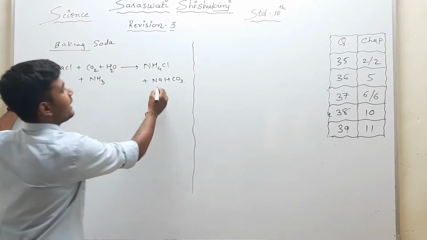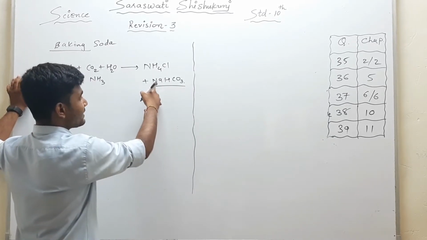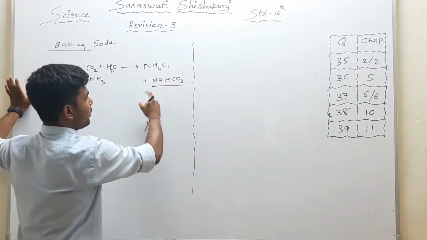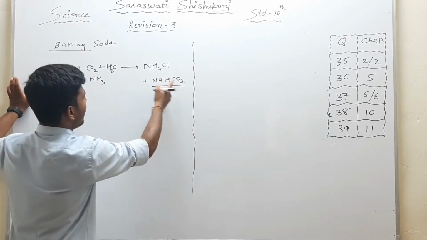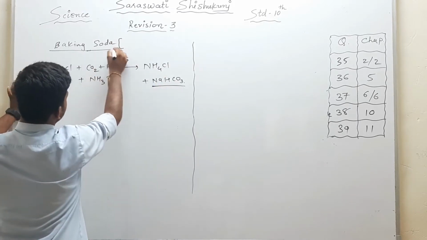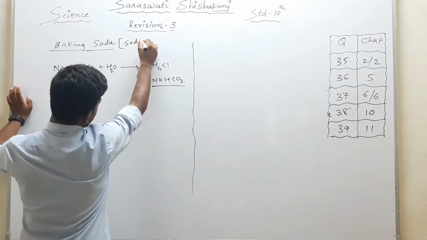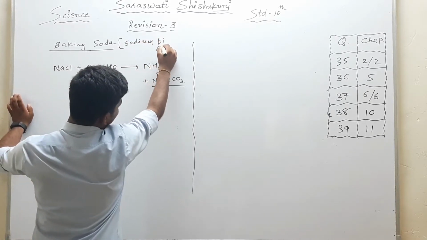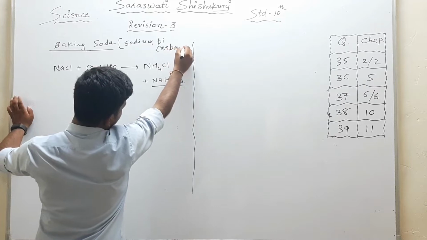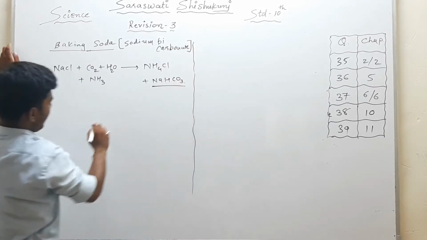This NaHCO3, also known as sodium hydrogen carbonate or sodium bicarbonate, is our baking soda.